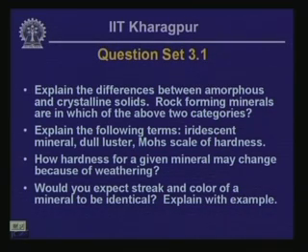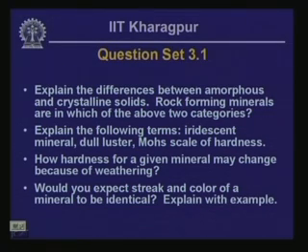Amorphous solids do not show any regular pattern of individual atoms that constitute the solid. On the other hand, crystalline solids have a regular and repetitive pattern of atomic structure, and this is the essential difference.